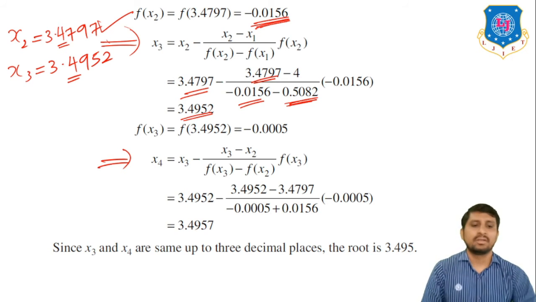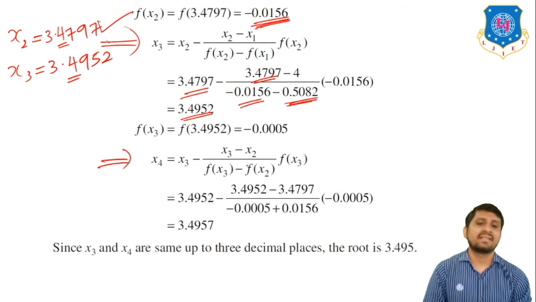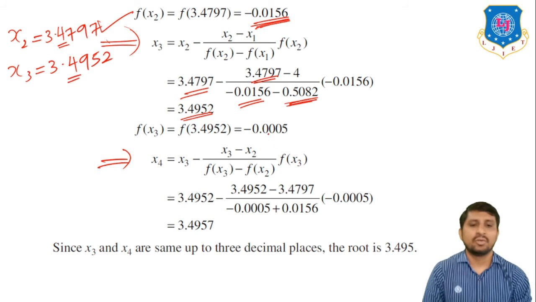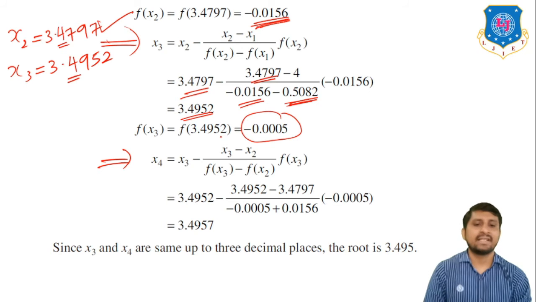So x4 is x3 minus x2 upon f of x3 minus f of x2, into f of x3. f of x3 we just find here. f of 3.4952 is minus 0.0005.